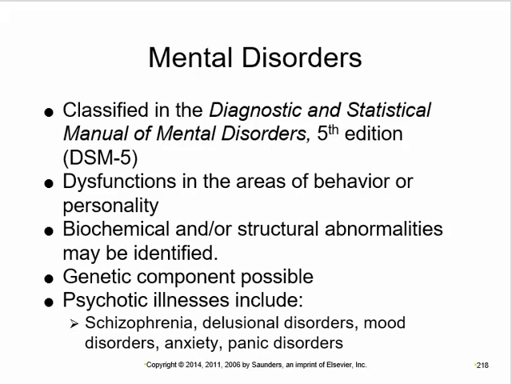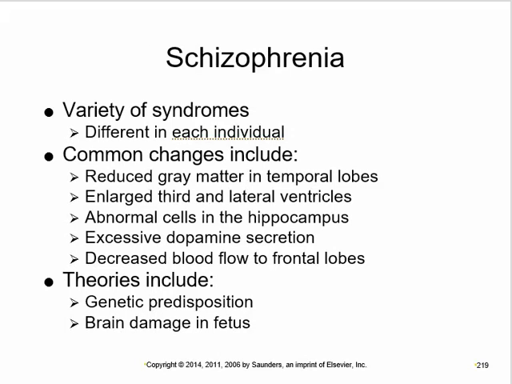The DSM, right now, I think they're working on DSM-6, this says DSM-5, is the Diagnostic and Statistical Manual of Mental Disorders. So we're going to look at schizophrenia and a few other things. So schizophrenia is a very individual thing.